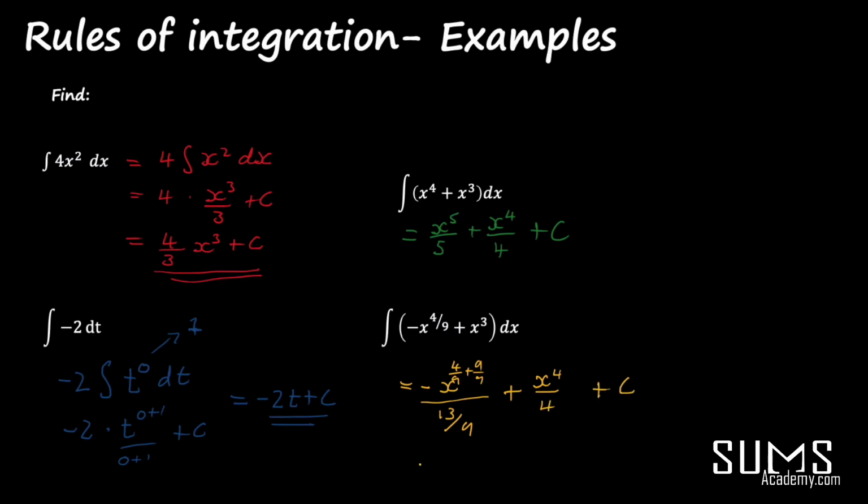And what we want to do here is simplify this. When you're dividing this, 9 will come up to the top, so this becomes minus 9 x to the power of 13 over 9, all over 13, plus x to the 4 over 4 plus c.